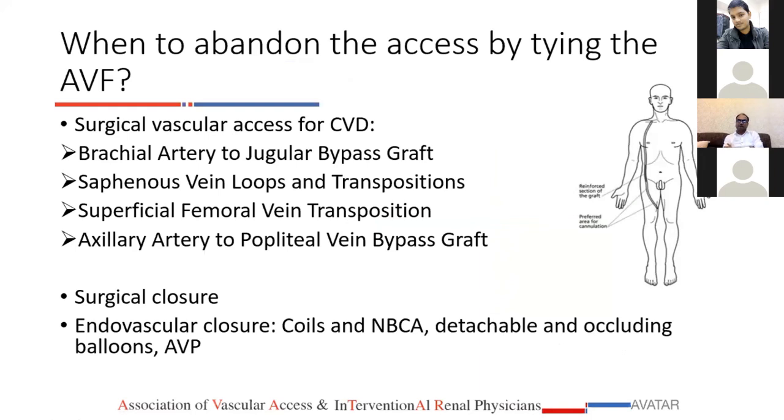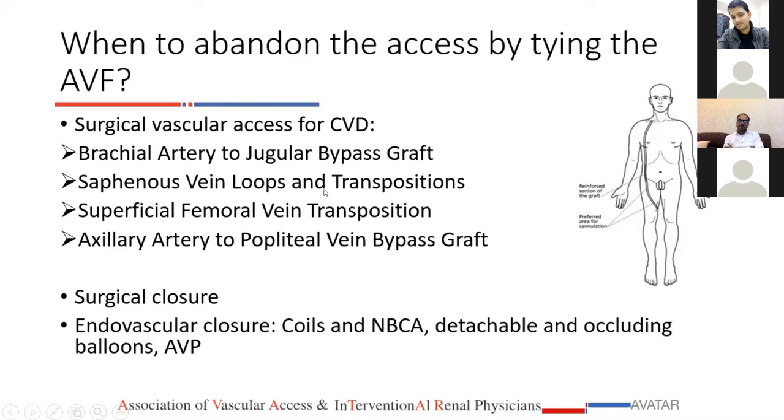So when there is a need for a vascular access and your central veins are not amenable to plasties and stenting, you can have surgical options. So there have been instances of brachial artery to jugular vein bypass graft or saphenous vein loop transposition, superficial femoral vein transposition, axillary artery to popliteal vein bypass.